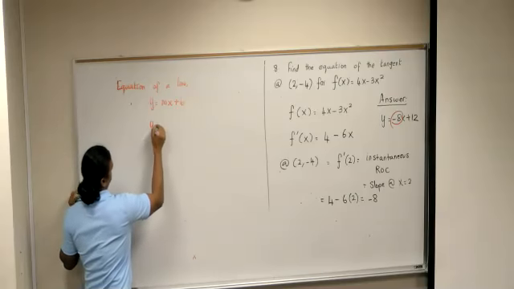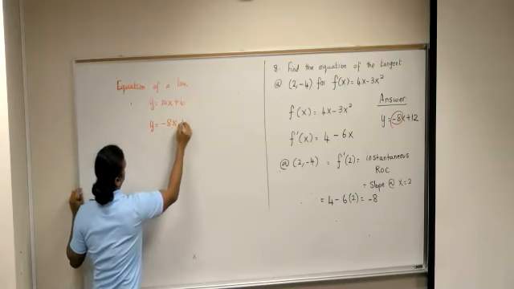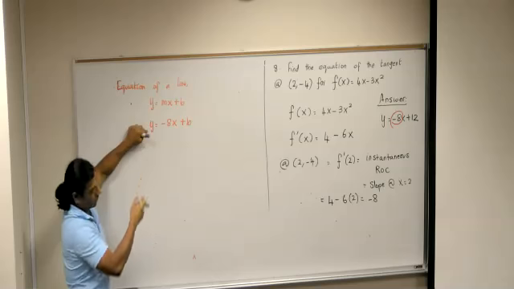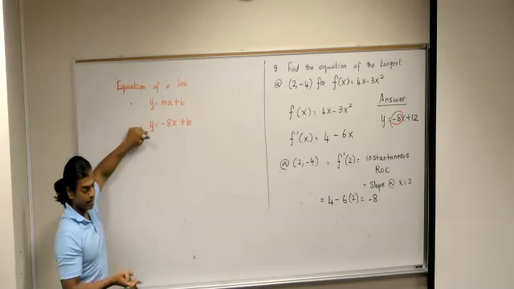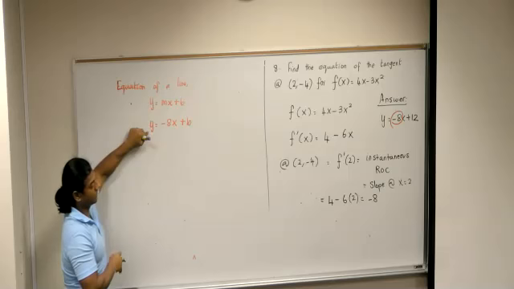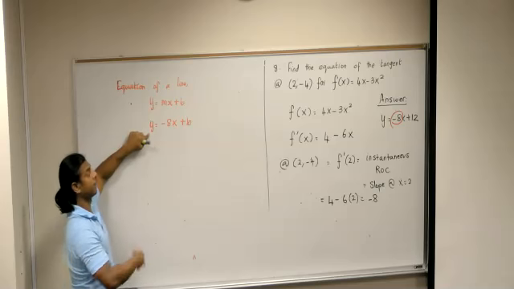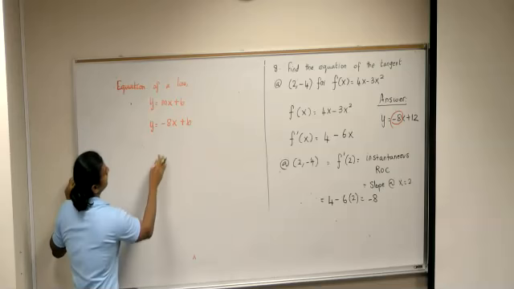So y would equal negative 8x plus b. I know the value of x, which is 2. I know the value of y at x equal to 2, that would be negative 4.